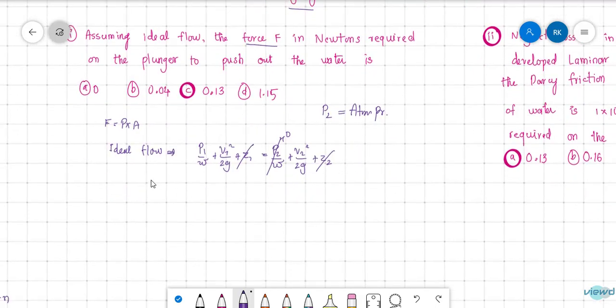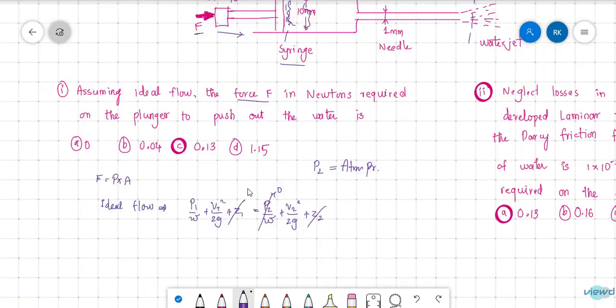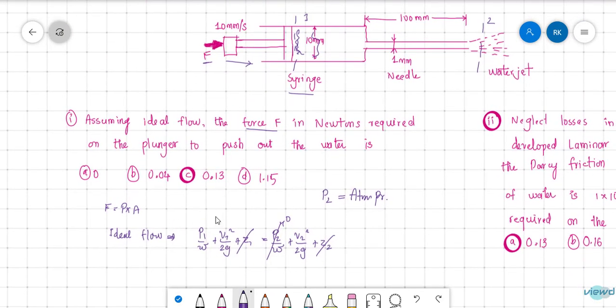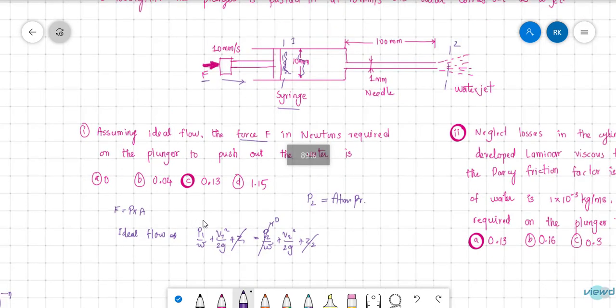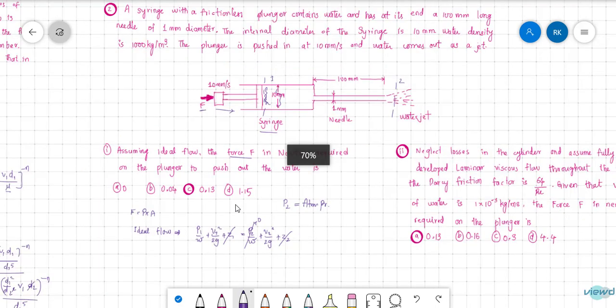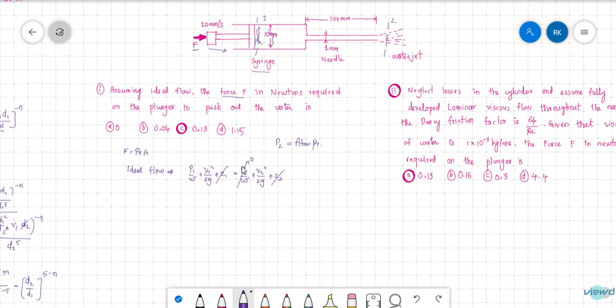Now let me write the given data here. The diameter D1 is equal to 10 mm, which means 10 power minus 2 meter.